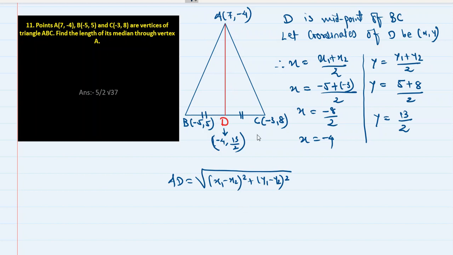Apply this distance formula to AD, and you will find the length of AD, which is 5 by 2 root 37, or 5 root 37 by 2, whichever way you want to call it. Please pause the video and find AD and make sure that you get this answer.